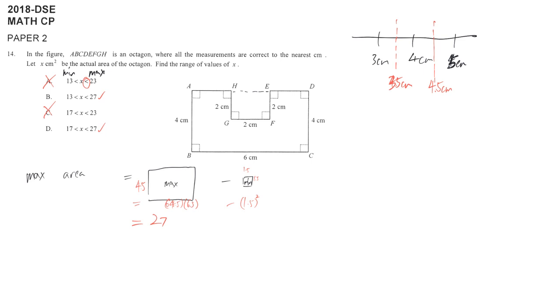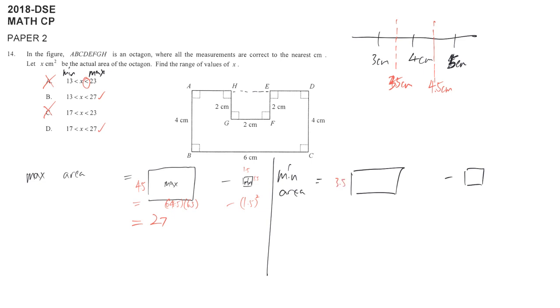We are going to use similar logic for the minimum area. So for the minimum area, of course the original paper is as small as possible, and the removed part should be as large as possible. So if we use the limit, the minimum for 4 can be 3.5.